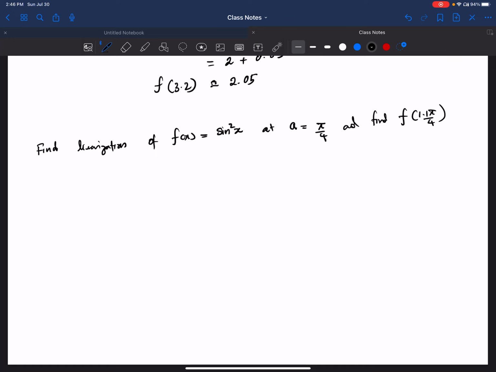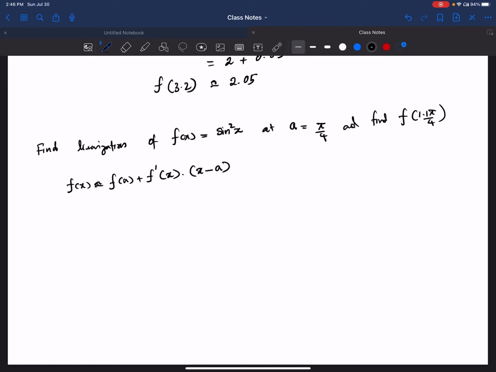So the linearization equation is that f of x can be approximated by f of a plus f prime of a times x minus a, right?